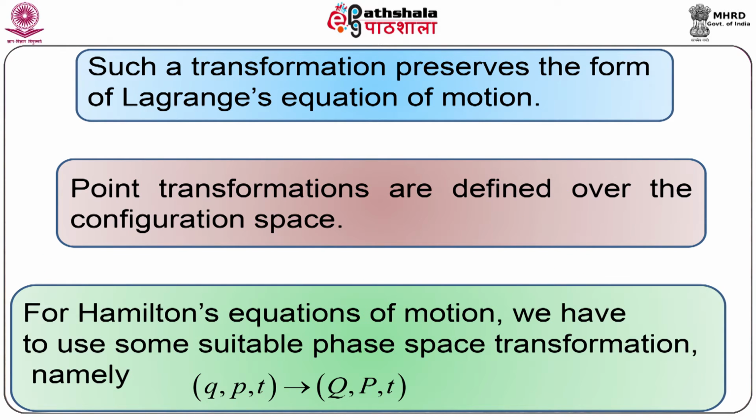Such a transformation preserves the form of Lagrange's equation of motion. Point transformations 6.1 and 6.2 are defined over the configuration space, but Hamilton's equations of motion describe the evolution of the state of a system in its phase space.